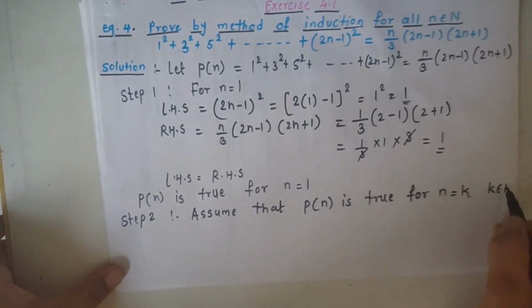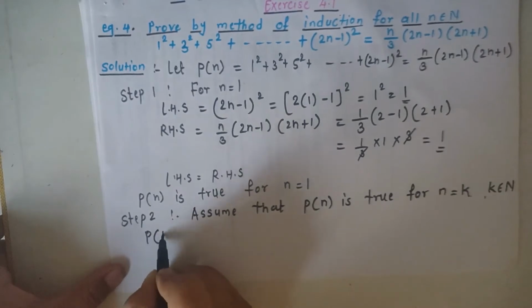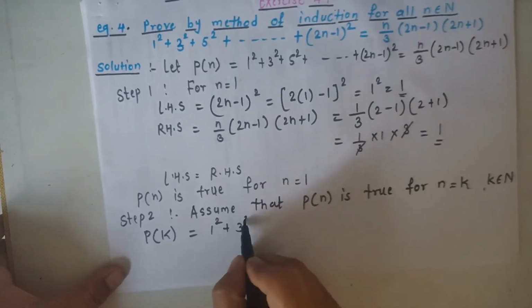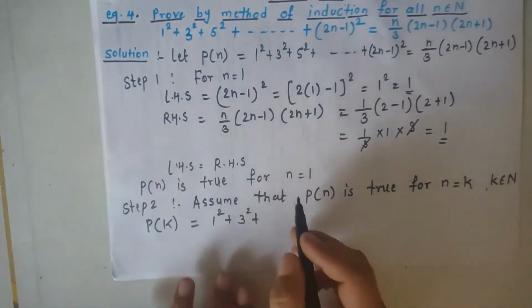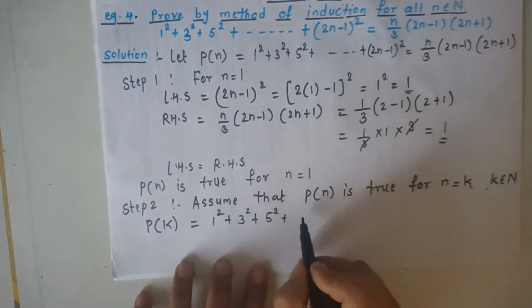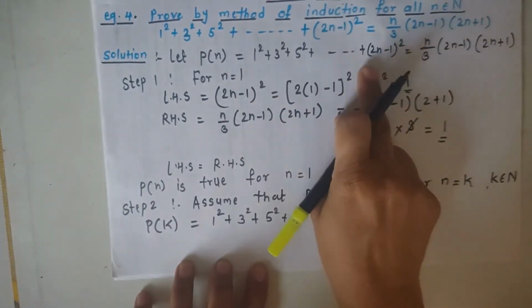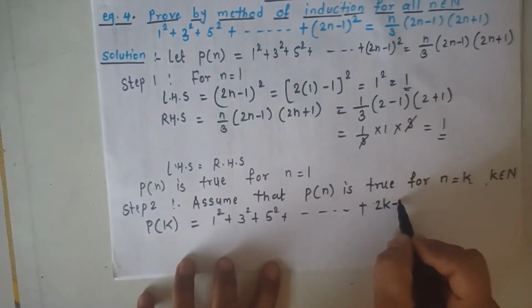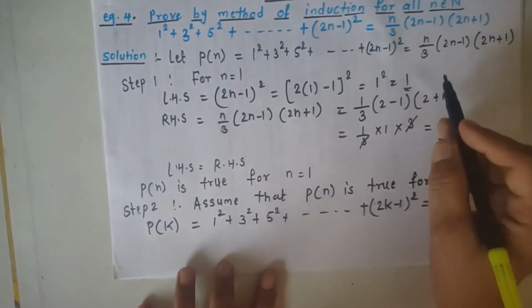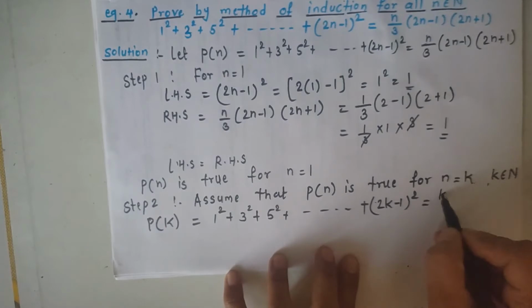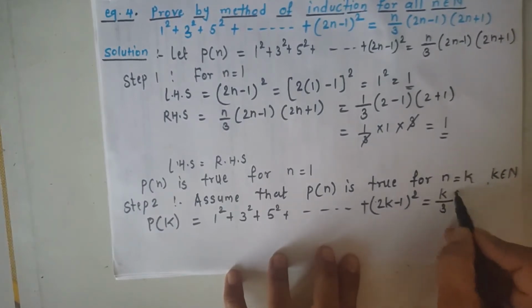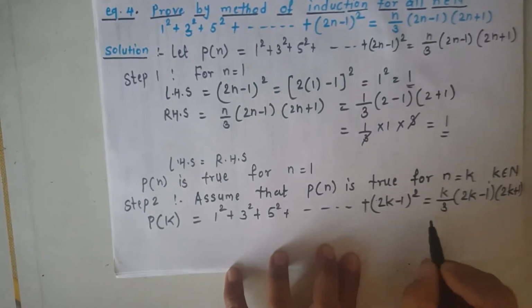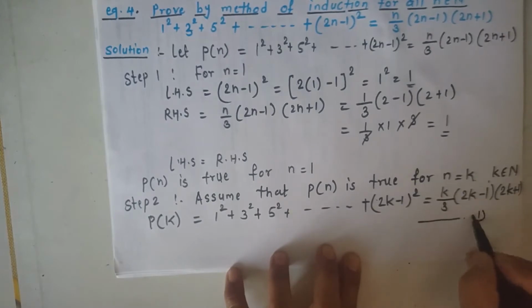Here k belongs to the natural numbers N. So the P of k statement is 1 square plus 3 square plus 5 square plus up to, here the last term is (2n minus 1) square. Now put n is equal to k. So the last term is (2k minus 1) bracket square, equal to the RHS, n by 3, so here in terms of k, k by 3 into (2k minus 1) into (2k plus 1). This is equation number 1.